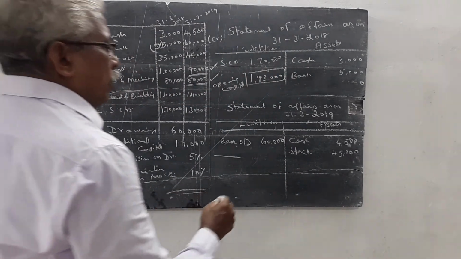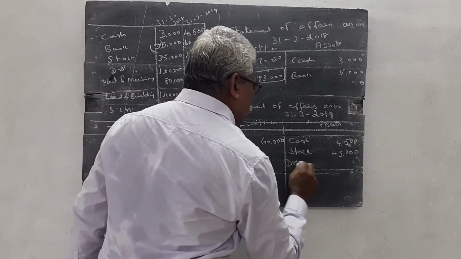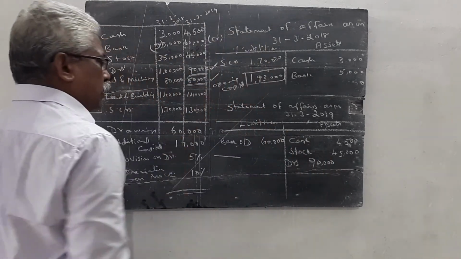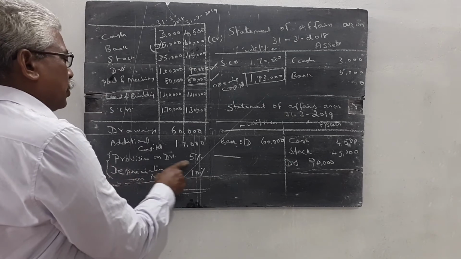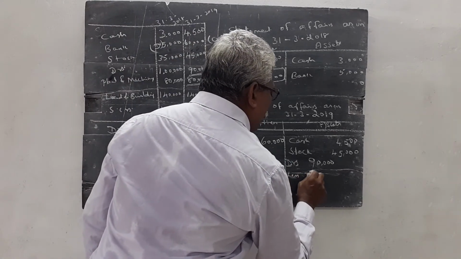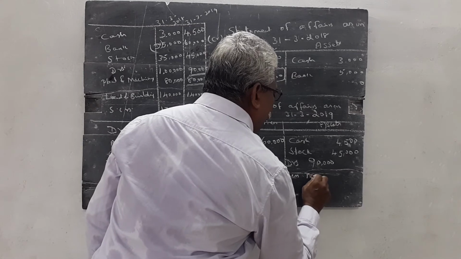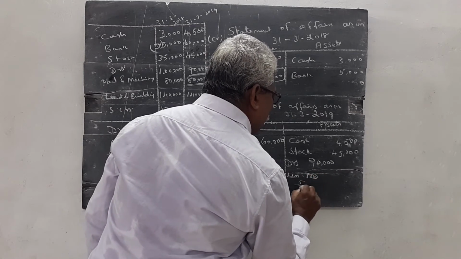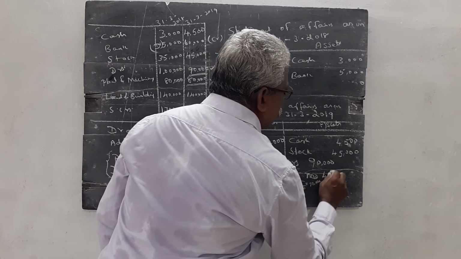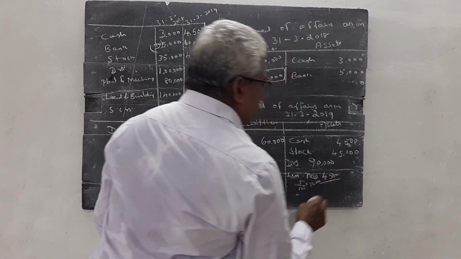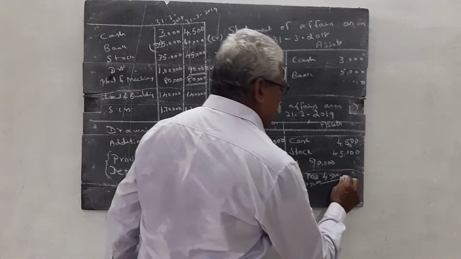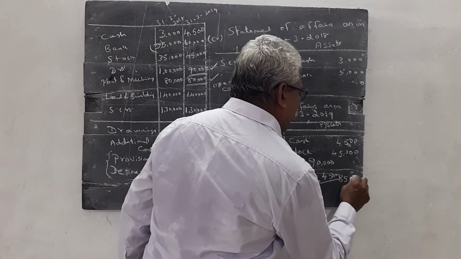Then debtors value, 90,000. The closing balance is 90,000. Here less provision 5%. Less provision for bad and doubtful debts 5% of 90,000 is equal to 4,500. 90,000 minus 4,500 is equal to 85,500.